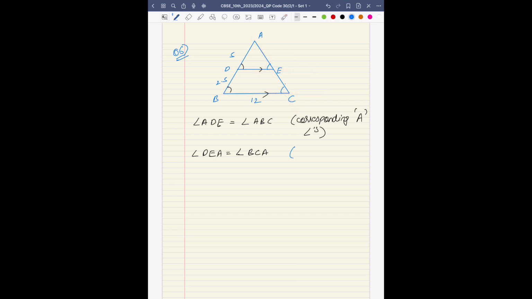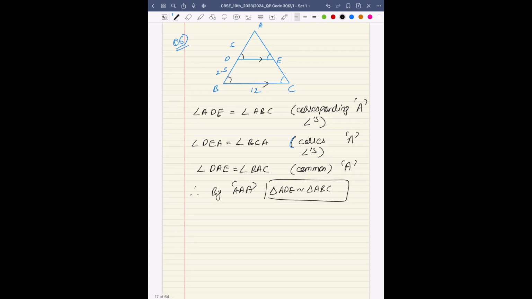Same thing, corresponding angles again. So one more angle is the same, and angle DAE is equal to angle BAC. In short, this is the common angle. Hence by triple A similarity, triangle ADE is similar to triangle ABC.